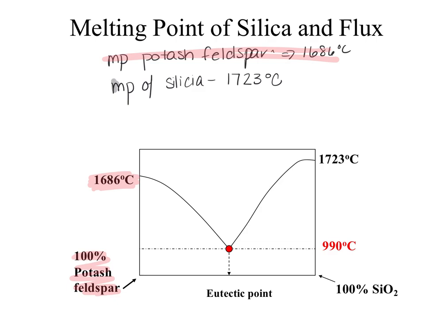Okay. And so if we look over here, this is 1723, and that's 100% silica. Well, if you mix those two together, what you're going to find is that now their melting point is 990.